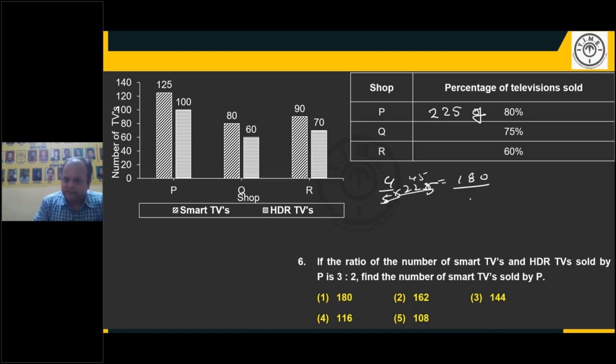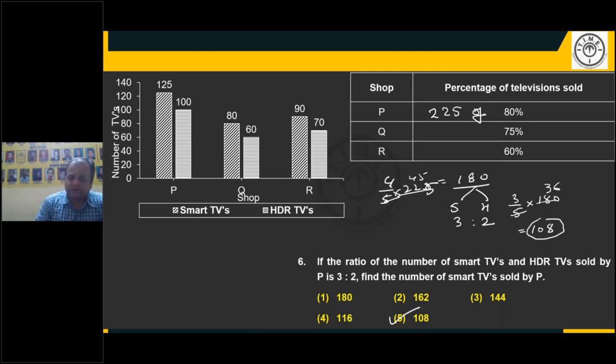Total TV that P has sold is 180, and out of that, smart TV to HDR TV ratio is 3:2. And we need, sorry, what is the answer? 108. 108, perfect. All right, smart TV would be 3 by 5 of 180. So if we solve this, we get 36, and 36 into 3 is 108, like rightly pointed out.